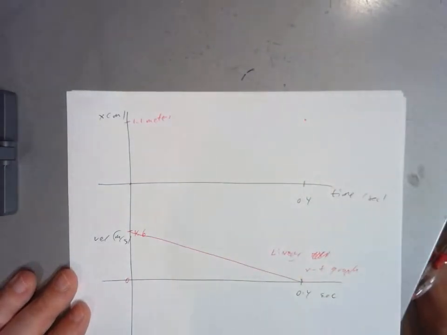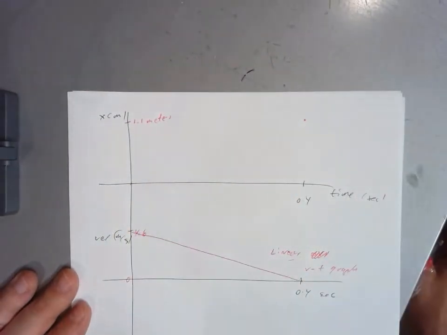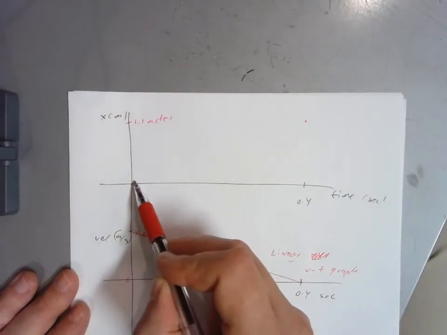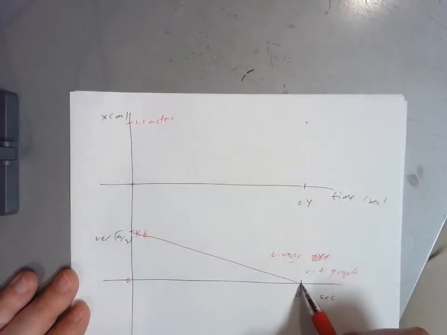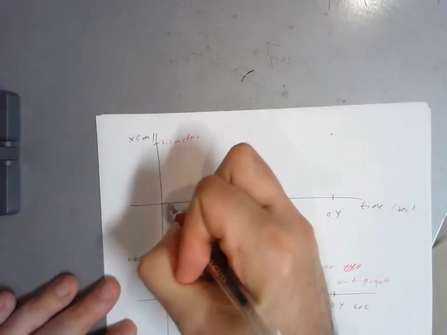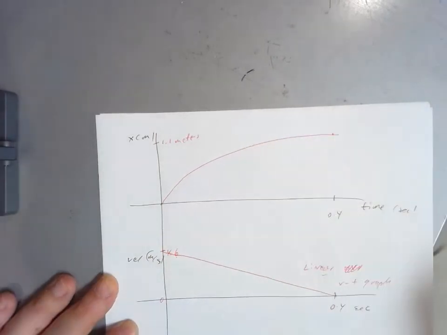And the way we're going to show that is that his position time graph will get less and less steep. In other words, his velocity will start at a large positive number, 4.6 meters per second. So this position graph will have a large positive slope. But by the end, the position graph has to have a 0 slope because he is stopped and he is at his maximum height. So I'll try to sketch a part of a parabola here, something like that.